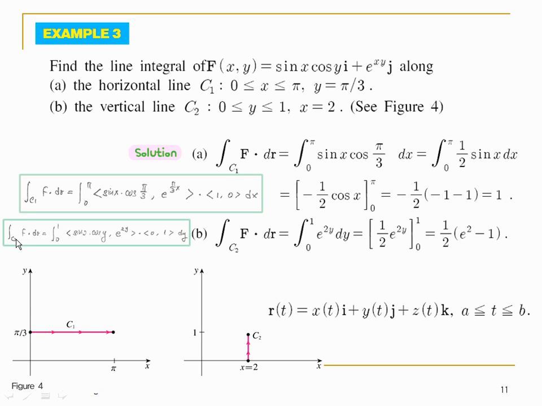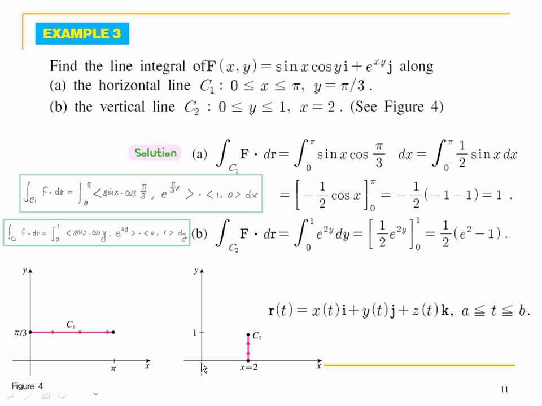But on C2 we have this inverse. The same function, at each point, x is equal to 2, so we plug in x = 2 here, which gives us this function. The path goes from here to here, meaning y from 0 to 1. So the x direction is 0 and the y direction is 1.